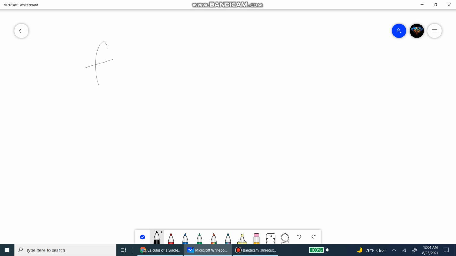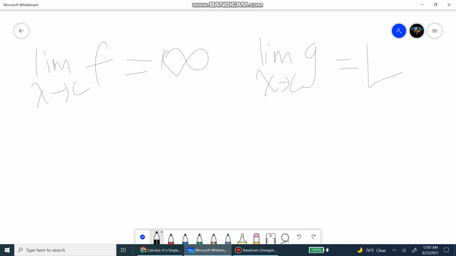Let's say we have limit of f as x approaches c, and let's say this equals infinity. And then let's do limit of g as x approaches c, and you get L, L being any real number.